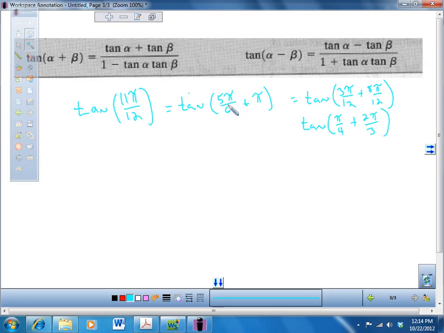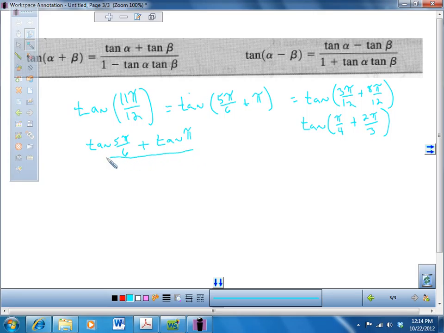And so you're going to go tangent of 5 pi over 6 plus tangent of pi, what is tangent of pi?